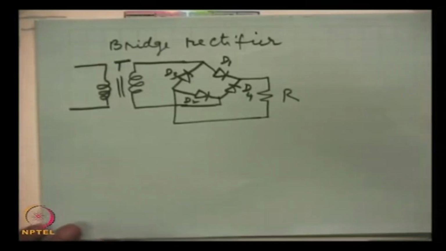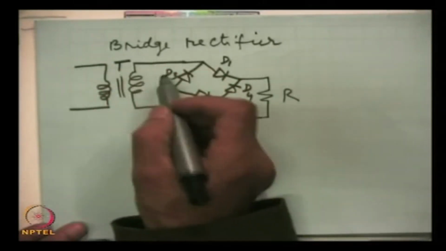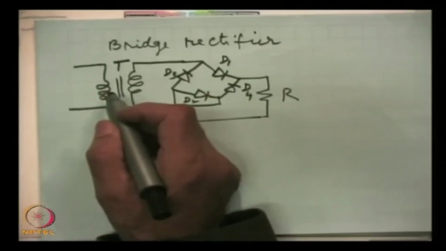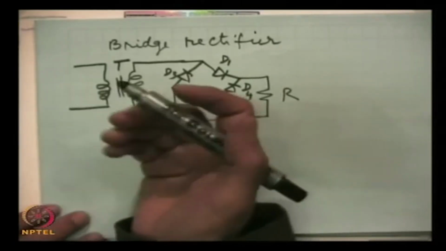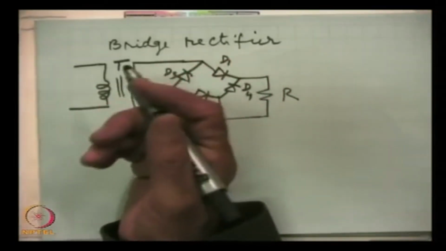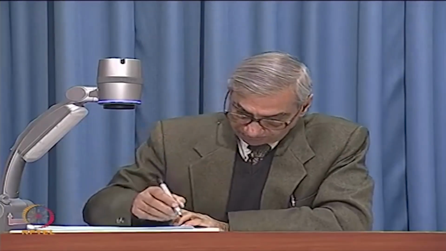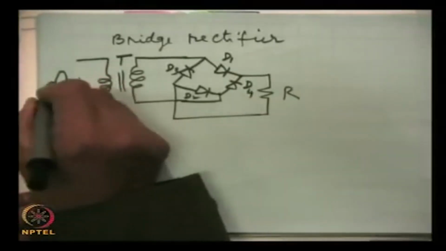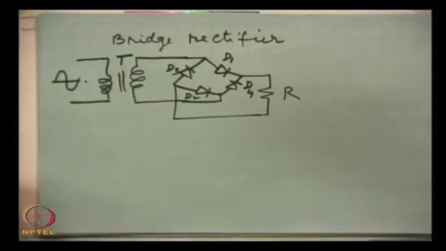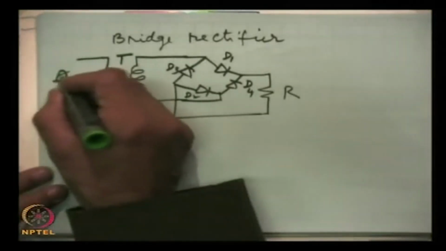Now, this is AC. Through this transformer we get a smaller voltage according to our requirement, but that is still AC. As you know, the transformer steps down the magnitude of the voltage but still gives an AC output. So for this signal, first we take what will happen in the upper half.